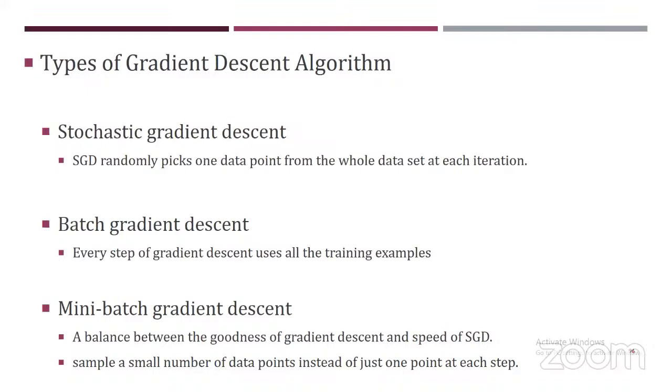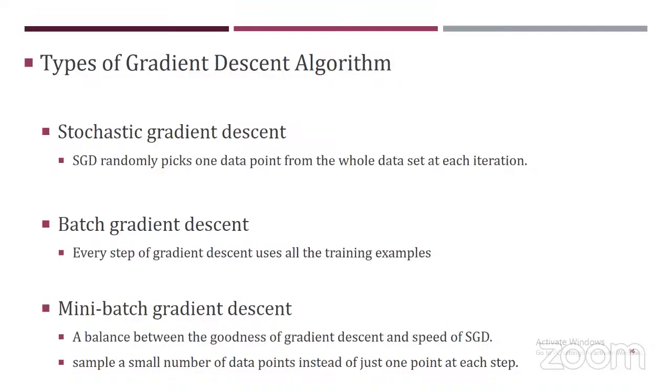That is stochastic gradient descent. Coming to batch, in case of batch, we use all instances in every step of gradient descent. The example which we have covered till this point comes under batch, because to do the calculation we have covered all the instances.